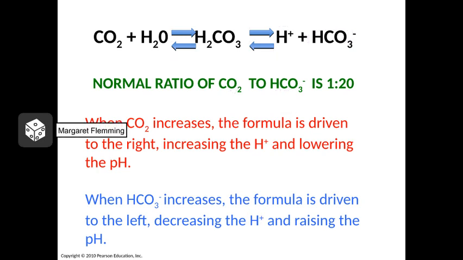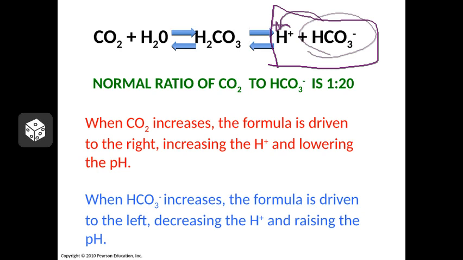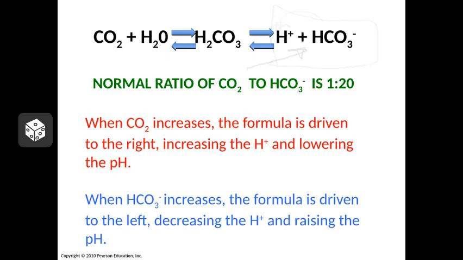If we have bicarbonate in the plasma, it will pick up free hydrogen. Therefore, it is called a buffer, and that's why we say the bicarbonate buffer system is so dominant. That is our main chemical buffer system.